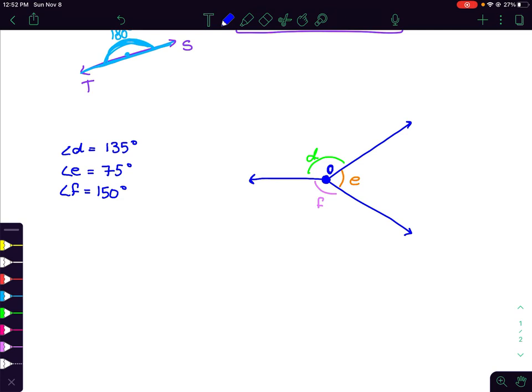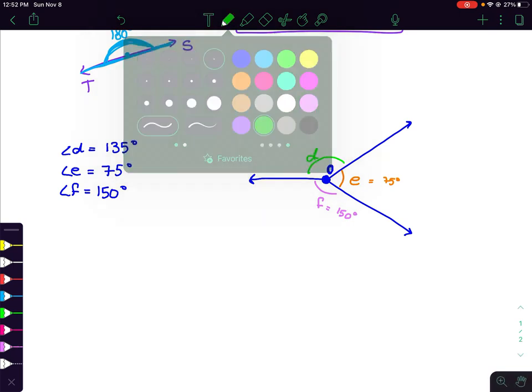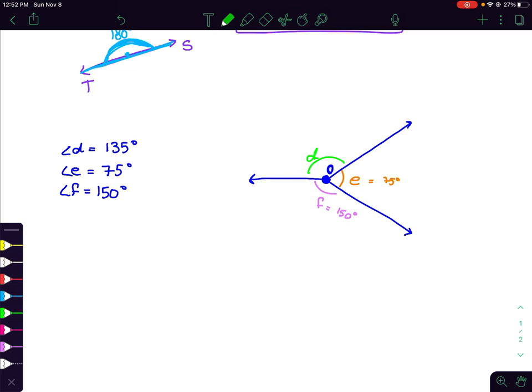We can also write it down on the angles. Maybe that will be helpful for you. So angle E equals 75 degrees. Angle F, 150. And angle D is 135. Okay?